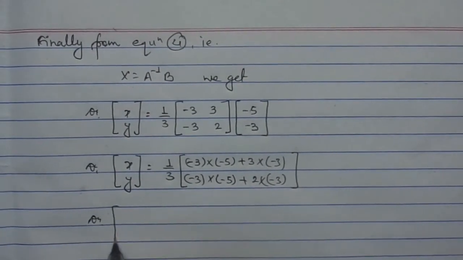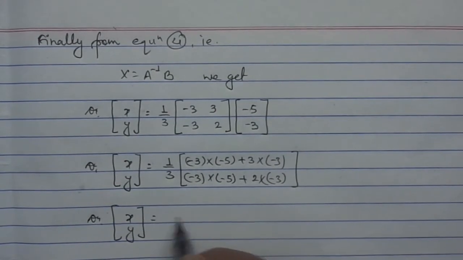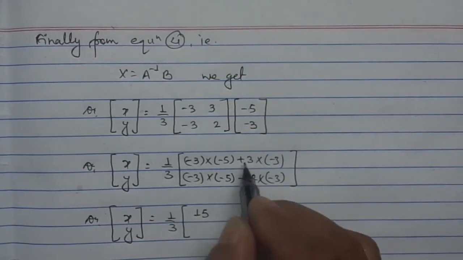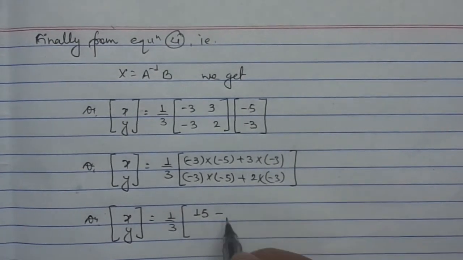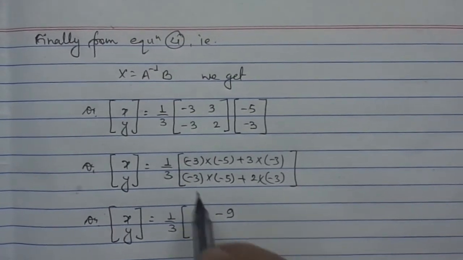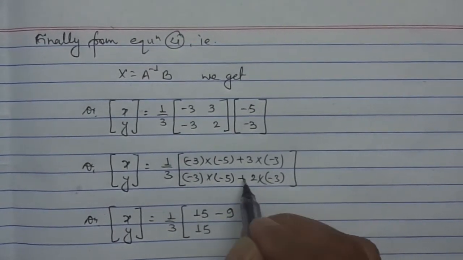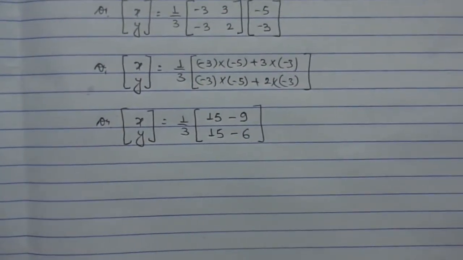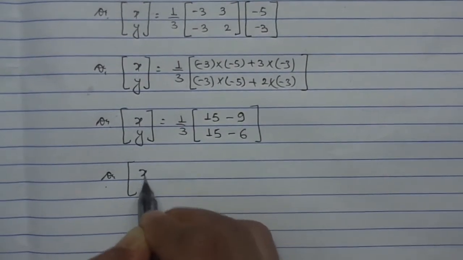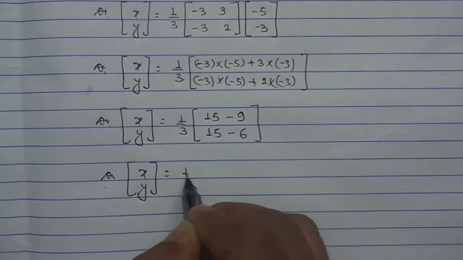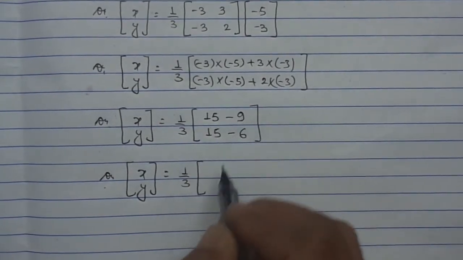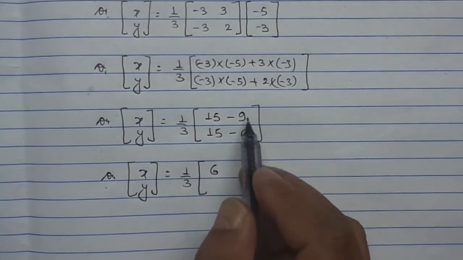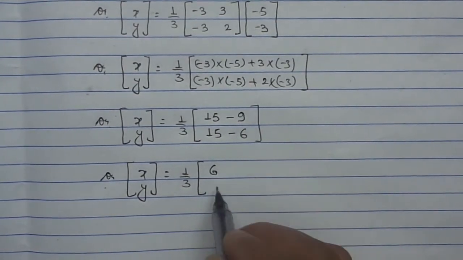So [x, y] is equal to 1 upon 3, minus 3 into minus 5 is 15, plus minus 3 into 3 is minus 9, minus 3 into minus 5 is 15, plus 2 into minus 3 is minus 6. So [x, y] is equal to 1 upon 3, 15 minus 9 is 6, 15 minus 6 is 9.